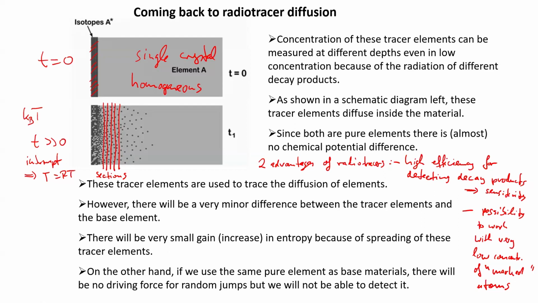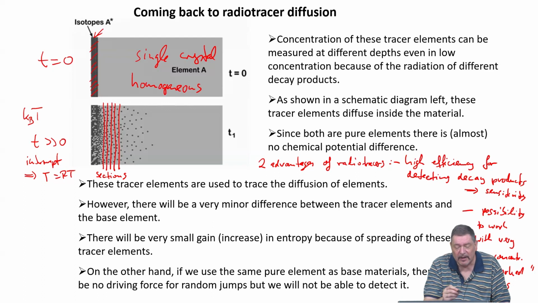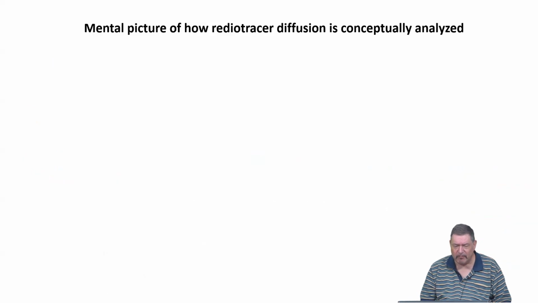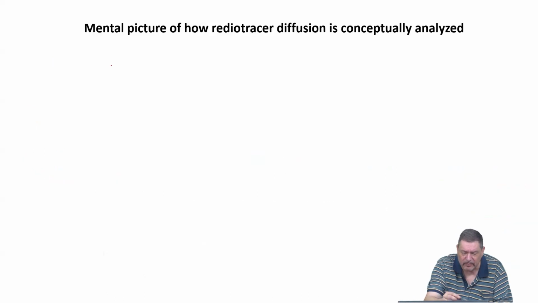And there will be a very small but a finite driving force based on the concentration gradient, because we have a high concentration of these marked atoms here, and basically low concentration or zero concentration in the crystalline bulk before the diffusion starts, and then we get the concentration profile. So it means we can apply the same mental picture as we had before.